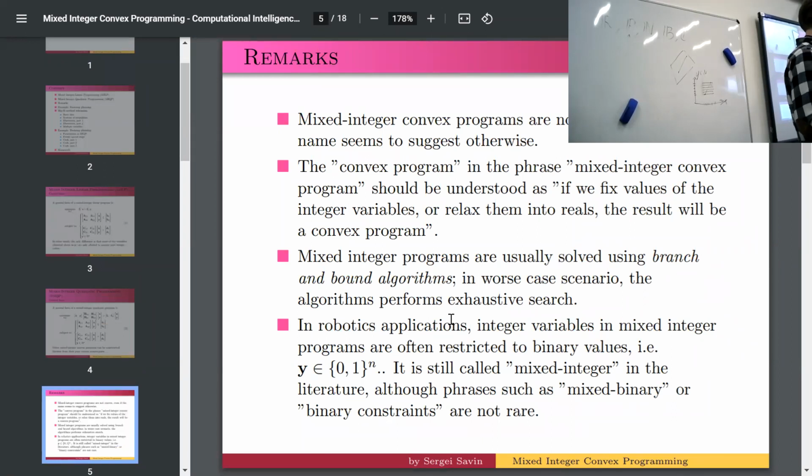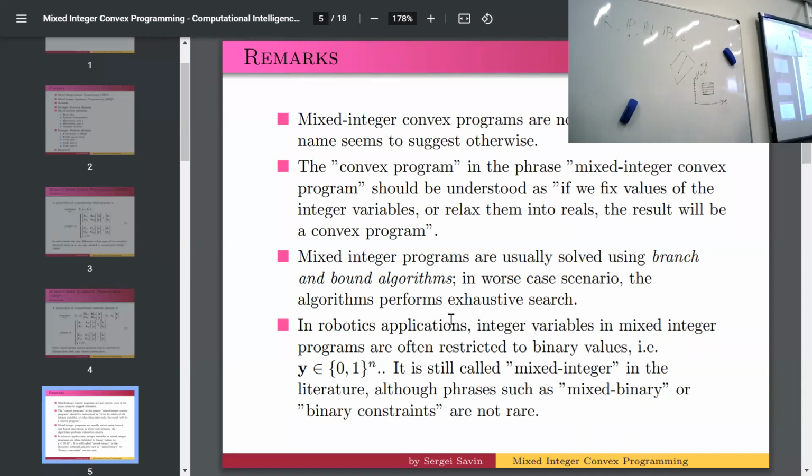Okay. So far, quite obvious, right? Now let's just dwell a little bit on what's going on here. Well, first of all, mixed integer programs, as I said, are not convex. The word convex is referring to the fact that if you allow this variable to be real instead, the domain would become convex and the cost function will become convex.